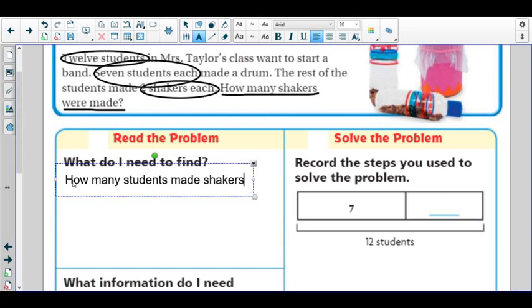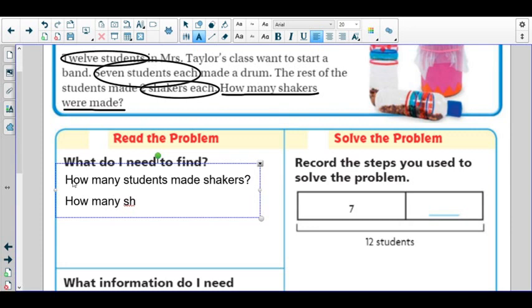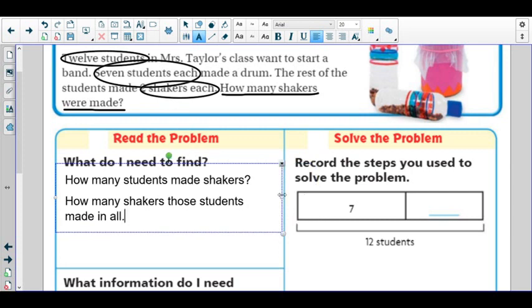And then we need to find out how many shakers those students made in all, I think is a good, kind of a good place to start. If we have to make some adjustments, that's fine. So how many shakers were made? That's good. And then how many shakers those students made in all.